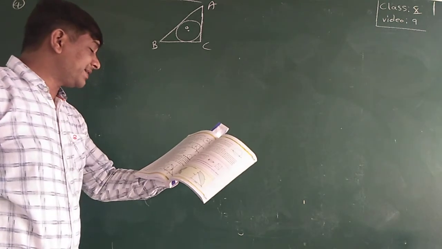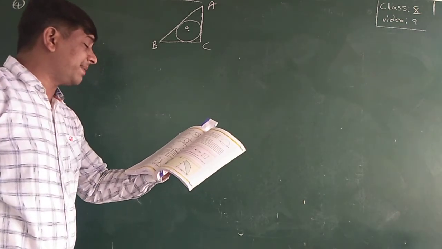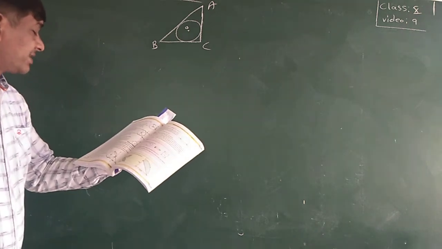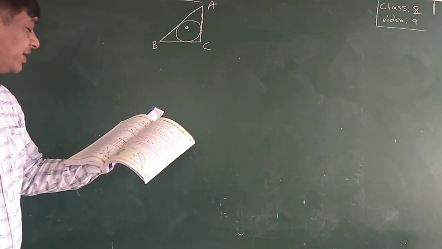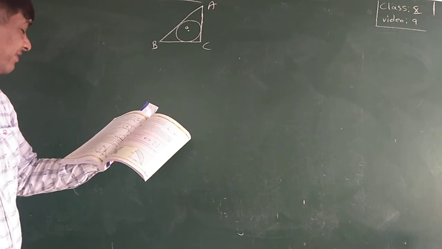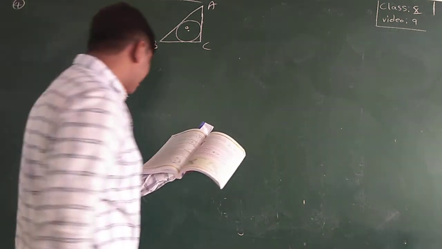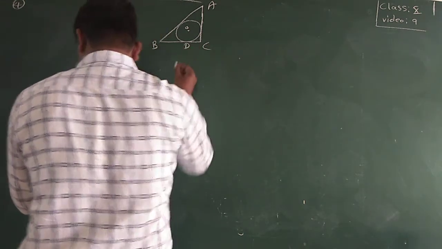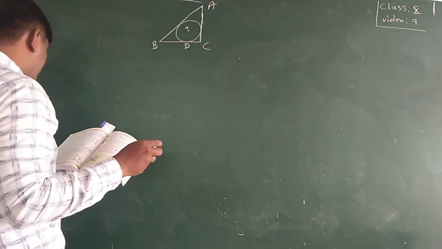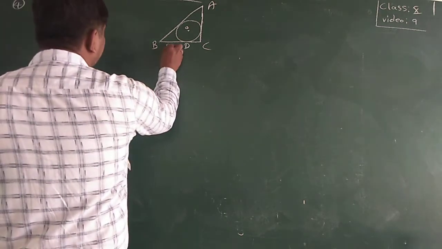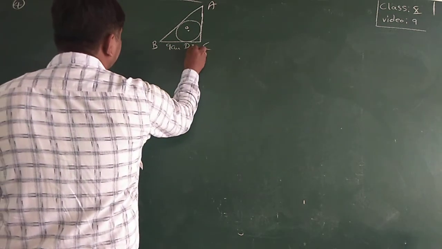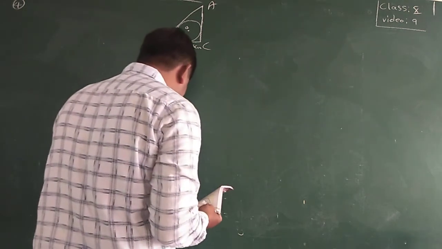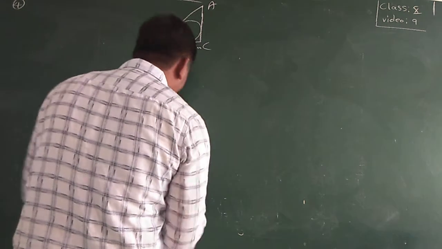Triangle ABC is drawn to circumscribe a circle of radius 3 centimeters such that the segments BD and DC, into which BC is divided by the point of contact D, are of length 9 centimeters and 3 centimeters respectively. Find the sides AB and AC.